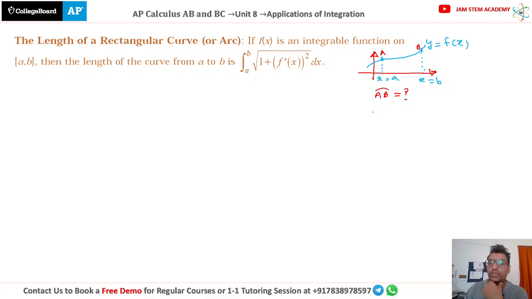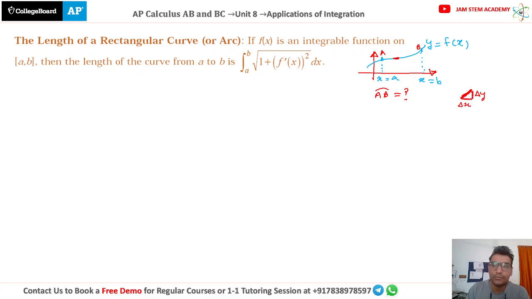In order to do that, let's consider a very small portion of this curve. If it is very small, it will become almost a straight line. Now, what distance did you travel along x and what distance along y? That is delta y for the vertical distance and delta x for the horizontal distance.